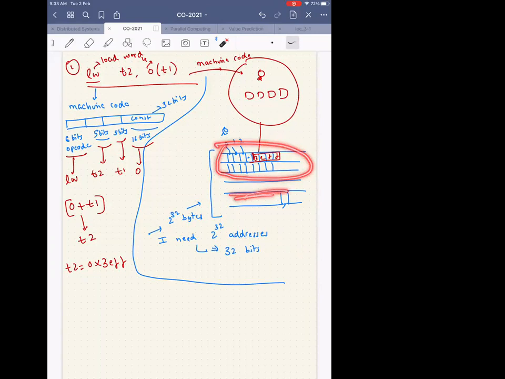The other part of the memory I'm not able to access. So I think the T1 is an address, right? And that has 5 bits. So that represents a register which has 32 bits. So you have access to 32 registers.